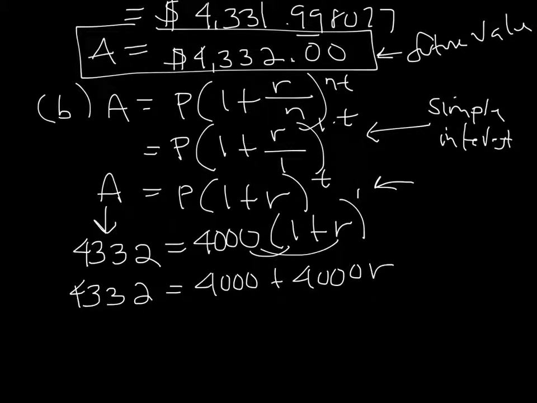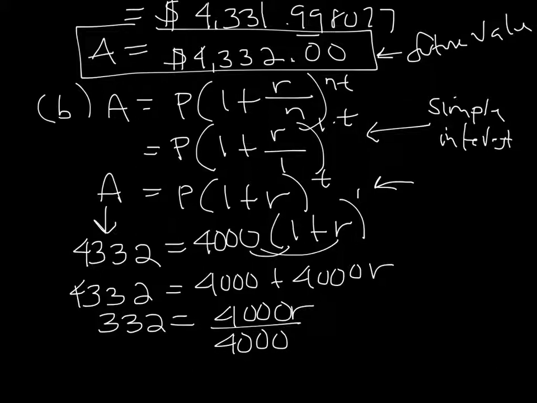Then we want to solve for r, so we subtract $4,000 from both sides, and that's just 332 equals 4,000r.